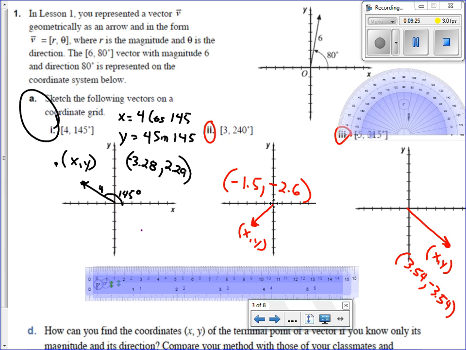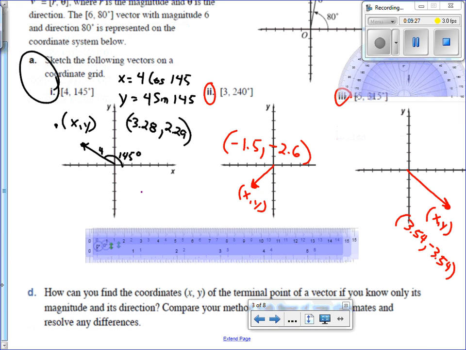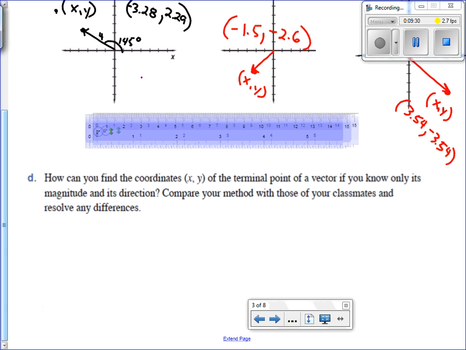So how can you find coordinates xy, the terminal point of a vector, if you know only its magnitude and its direction? Well, it's going to be r cosine theta, comma, r sine theta.